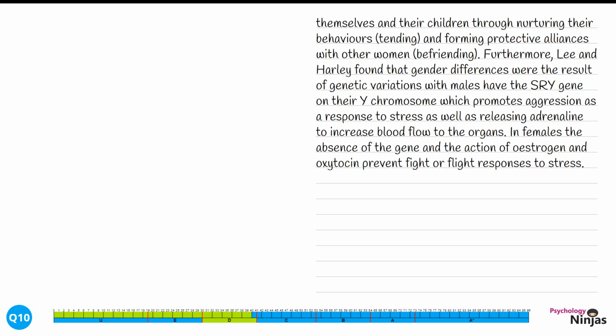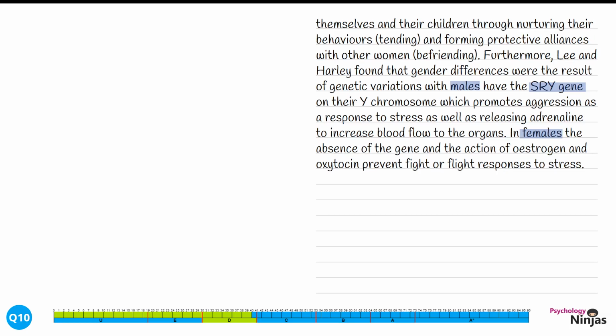In females, the absence of the gene and the action of estrogen and oxytocin prevent fight or flight responses to stress. Here we've talked about a genetic variant having an interaction within our stress responses, showing a difference with males having the gene and females not. We've linked this into specific other hormones that would be important in explaining these gender differences.